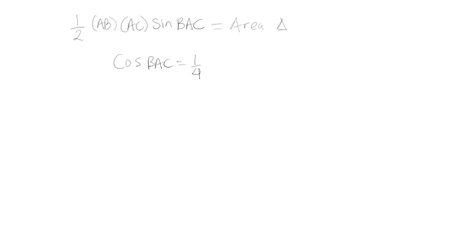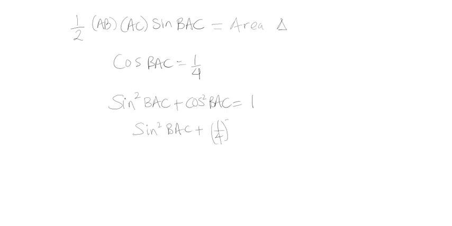And that link can be found from the equation in the information booklet, which tells you that sine square of an angle plus cos square of an angle, so here the angle we're working with is BAC, equals 1. Okay. Now we do have cos of BAC as 1/4. What you do is you replace the cos of BAC in the equation here.